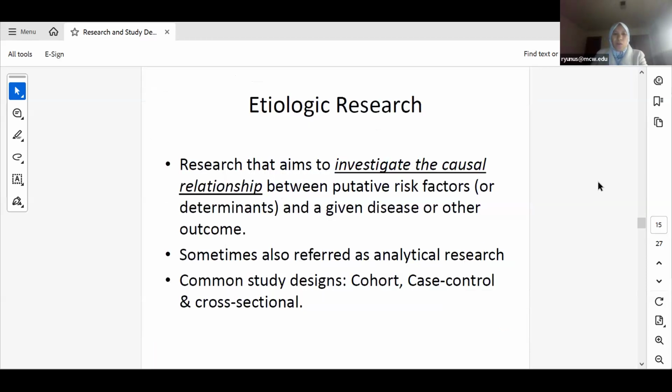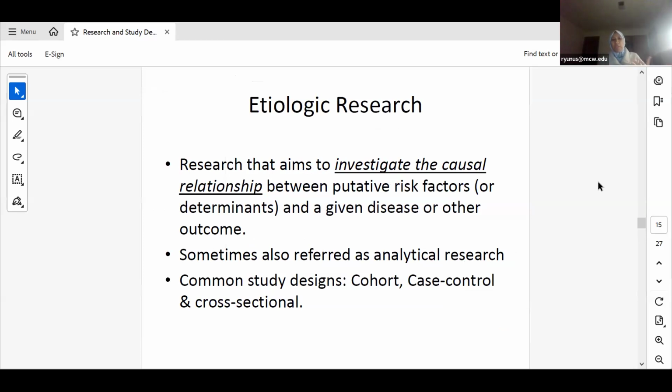Now, the second type, etiologic research, is a study that aims to investigate the causal relationships between risk factors and a given outcome. So this is more like the analytical type where you're trying to establish associations. You want to see whether there is a relationship between certain risk factors and the outcome.